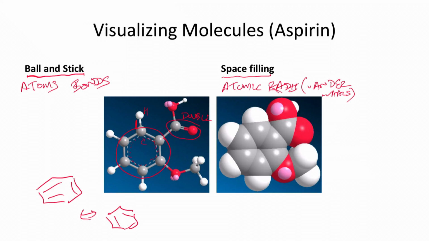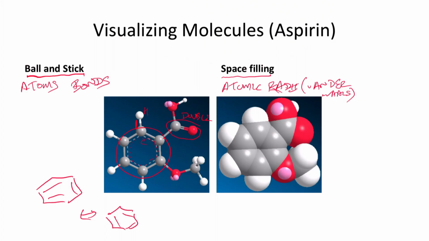And the point is that larger atoms would have larger radii and you would see them bigger. Okay, so for example, here's carbon in the middle, here are the hydrogens on the outside. Even though this might be a little bit more accurate chemically, it's a little bit harder to see in terms of what's going on and what kinds of bonds you have. And so unless the molecules are very small and have a relatively small number of atoms in them, people tend to stay away from this space-filling model.